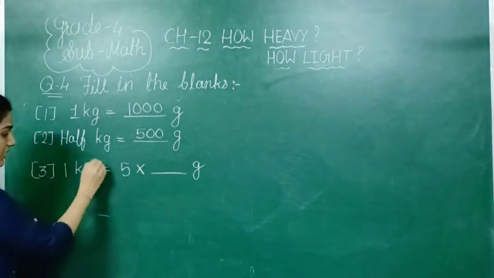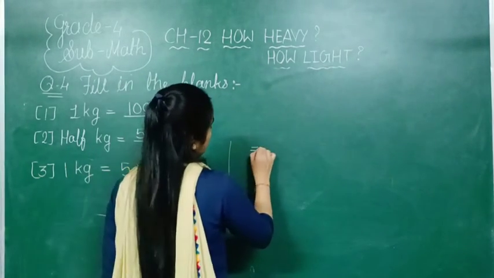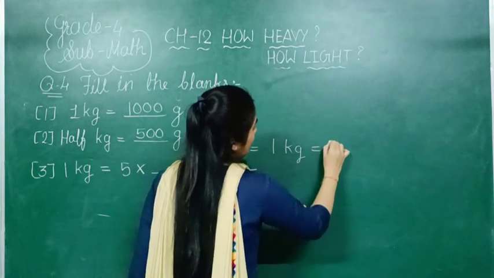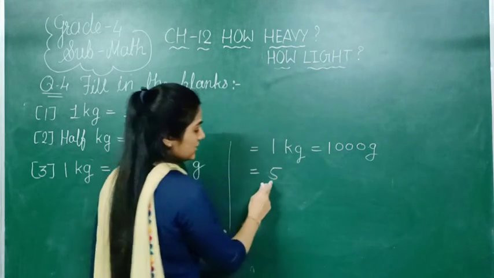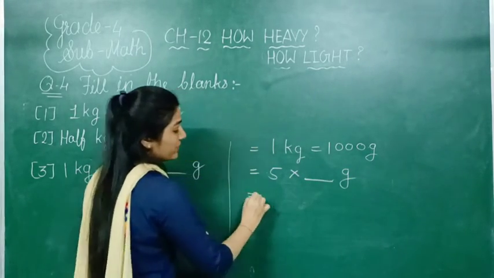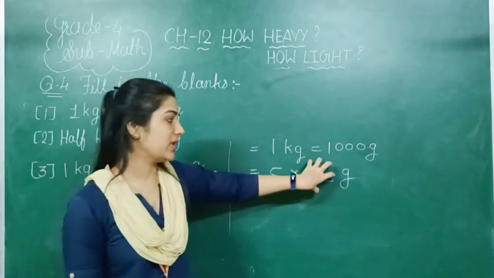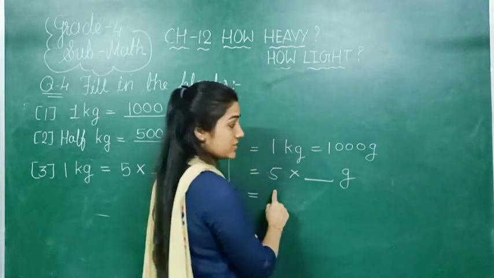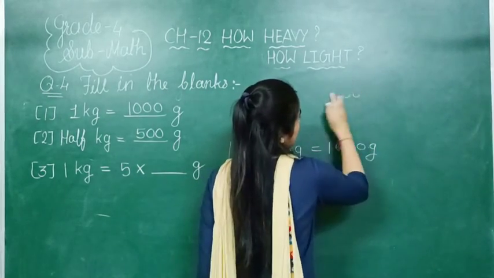We know that in 1 kg there are 1000 gram, and in the blank, 5 multiplied by blank gram is given. So from the 1000 gram, 5 is given and the remaining we need to find. We can divide this 1000 by this 5 to get the answer.